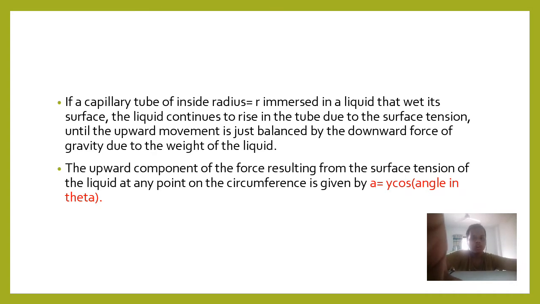So the liquid rises to a certain height, until equilibrium is established between the upward movement and the downward force due to gravity, and at that point the liquid rise will stop. Unless and until the balance is established, the liquid movement won't stop.